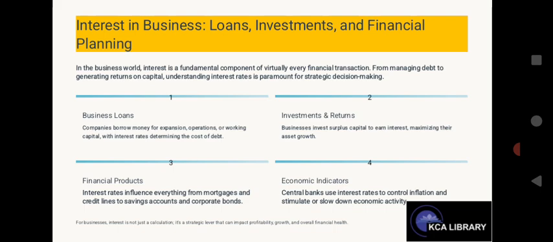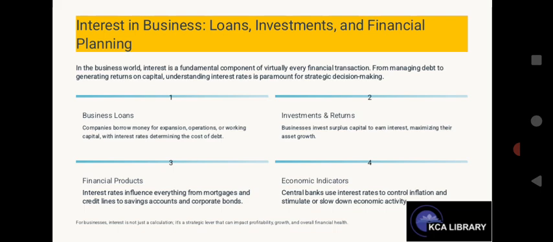For instance, you can make use of interest when companies borrow money for expansion, operations, or working capital, with interest rates determining the cost of debt. Even in investment and returns, businesses invest surplus capital to earn interest, maximizing their asset growth. Also in financial products, interest rates influence everything.